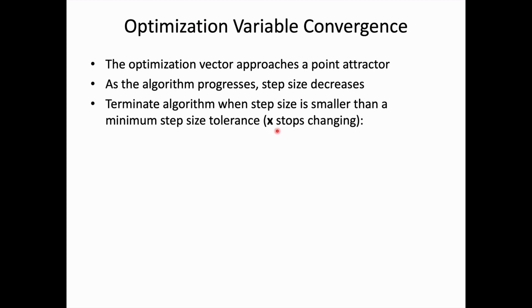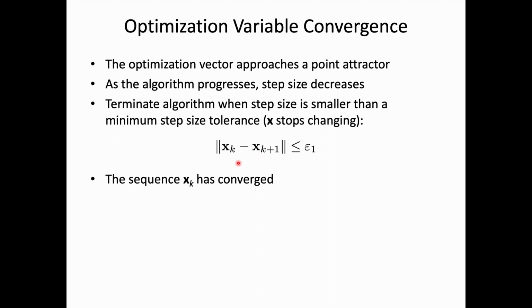And so we're going to have to set some tolerance that specifies quantitatively how little change we are going to consider to mean that we've stopped changing, that we've actually converged on a point attractor. Here's one way of doing it.